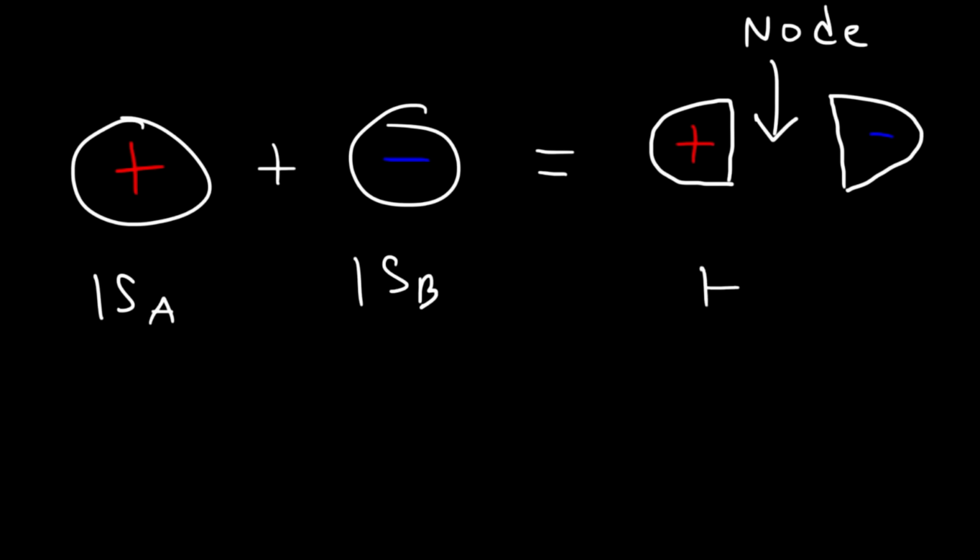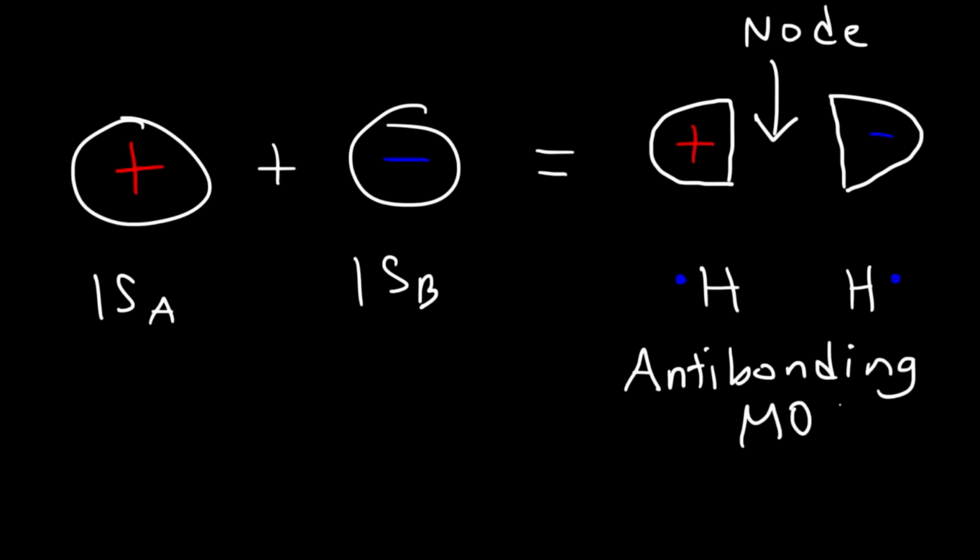So let's say these are two hydrogen atoms. For an antibonding molecular orbital, we should not place the electrons in between those two hydrogen atoms. Rather, they should be on opposite sides. That's just a visual representation of an antibonding molecular orbital.